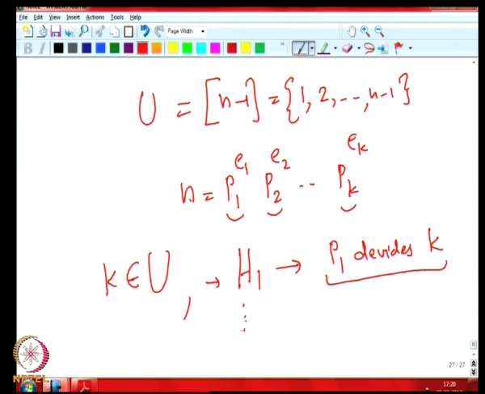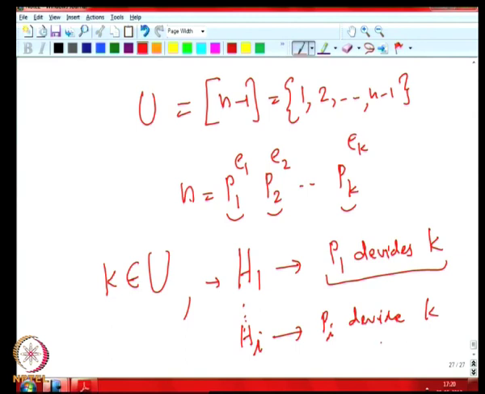Similarly h2 would mean p2 divides k, and hi would mean pi, the ith prime number, divides k. The properties are defined for the number, and we say the number has property hi.